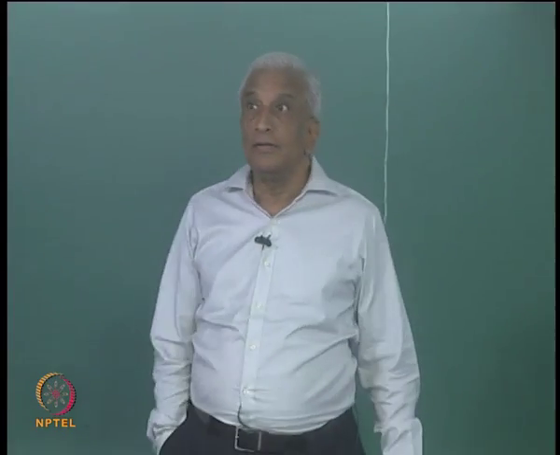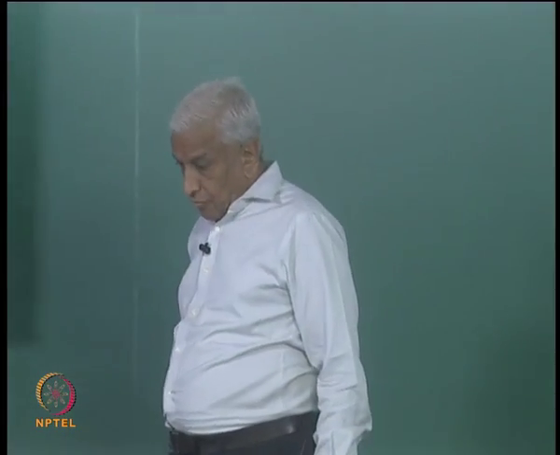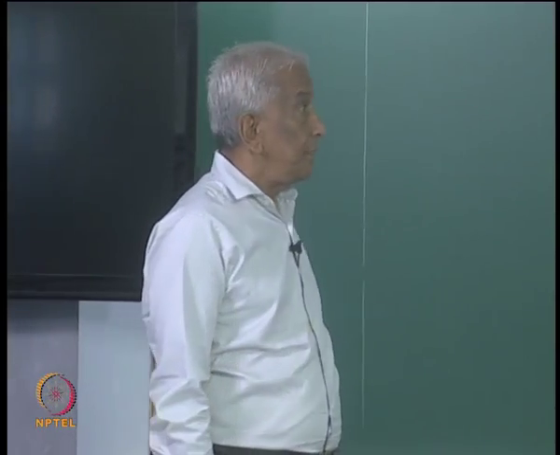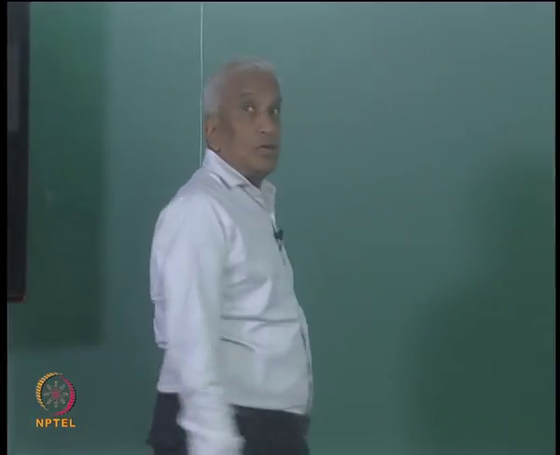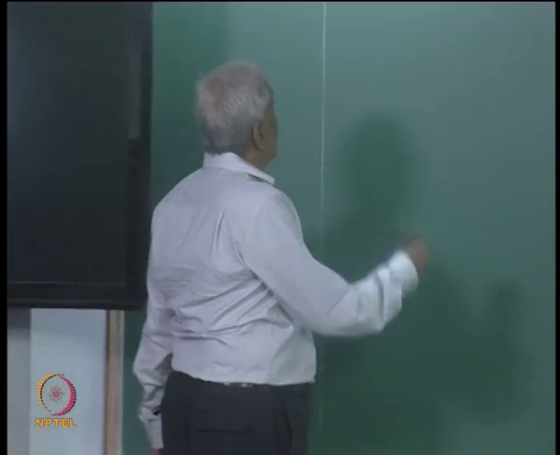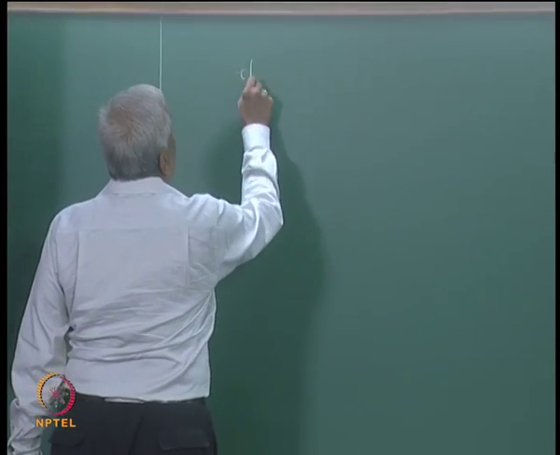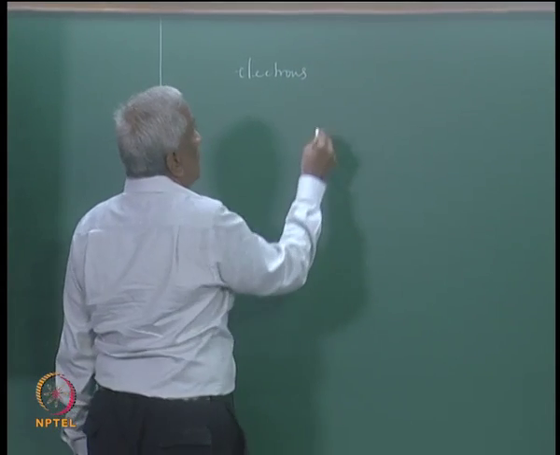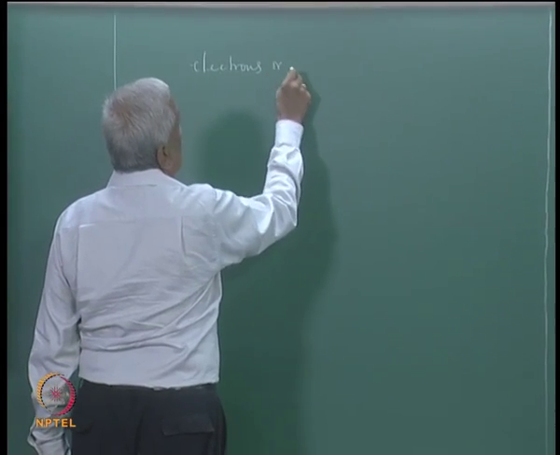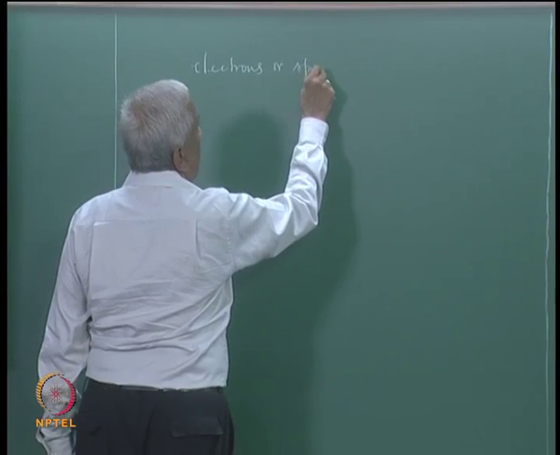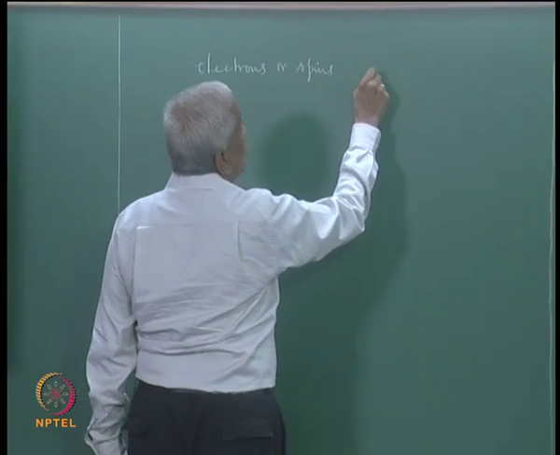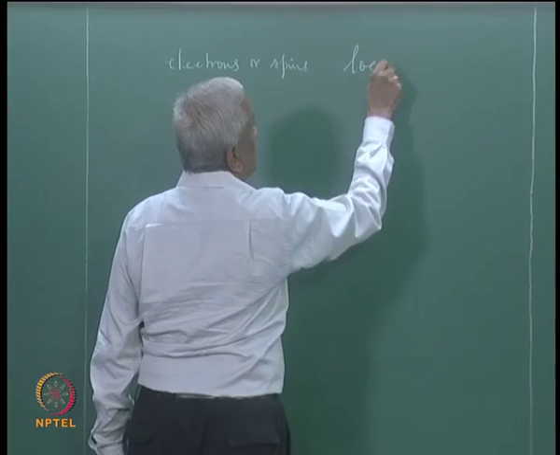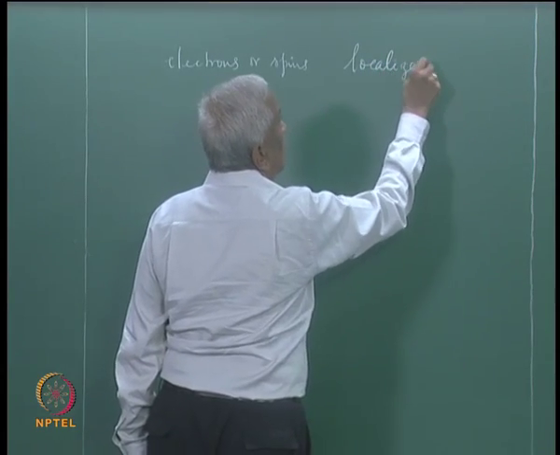So far in our discussion of magnetism, we have always talked about electrons, or spins, as if they are localized in space inside the crystal lattice.